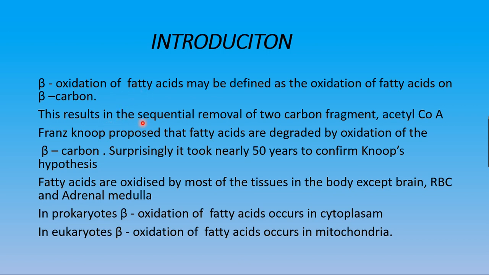The result of this is the sequential removal of two carbon fragments, that is acetyl-CoA. So in the beta oxidation pathway, the primary pathway of fatty acid metabolism, two carbons of fatty acids are split off at a time.